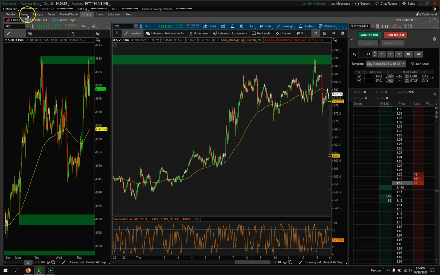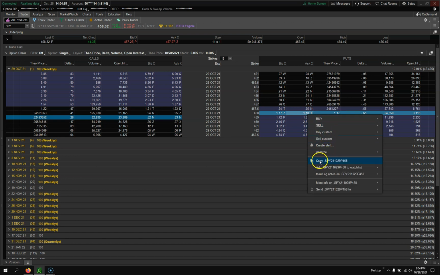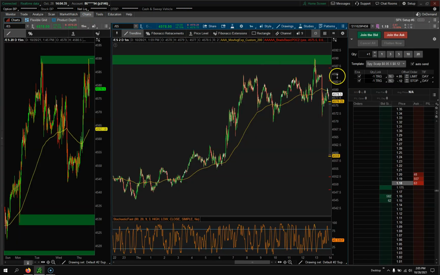To get this, I come over to Trade, go to usually the first one because I'll day trade. I'll come over to the put side and look at the 458, right click, and you can either copy it or click Send To and then just select number 9, which is purple, go back, and there is your option chain, right?